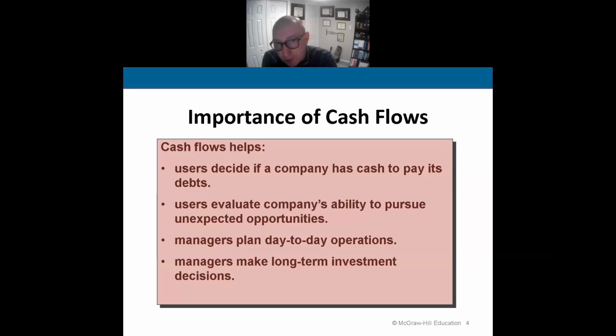Cash flow helps us to evaluate the company's ability to pursue unexpected opportunities. In other words, if the company has a good cash flow, I can use that additional cash to expand the business. It's pursuing an unexpected opportunity.